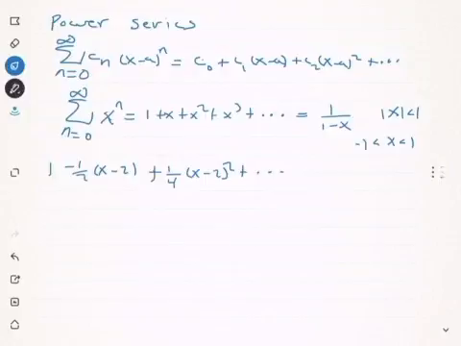This series can be written as the sum as n goes from 0 to infinity, and the nth term of this one, I didn't write it down, but it's basically minus 1 over 2 raised to the n power, times (x minus 2) raised to the n power.